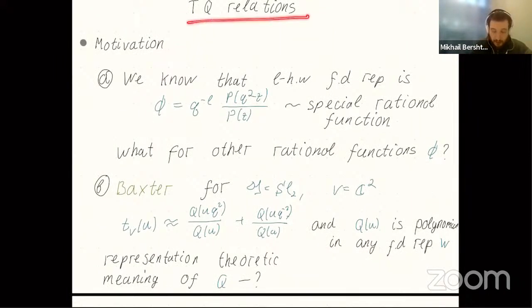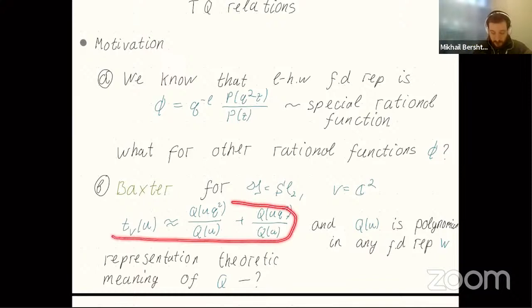I use the word correlation, maybe it's not a good title for this part, I will think about it, but anyway, this Baxter relation is called the TQ relation or Baxter TQ relation. This is about this relation.